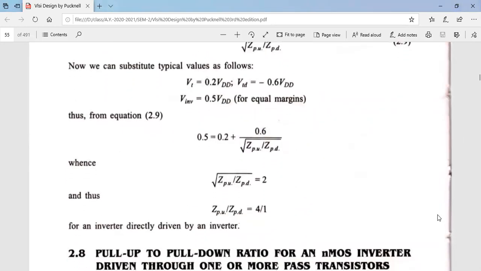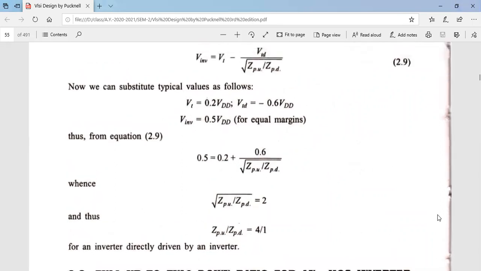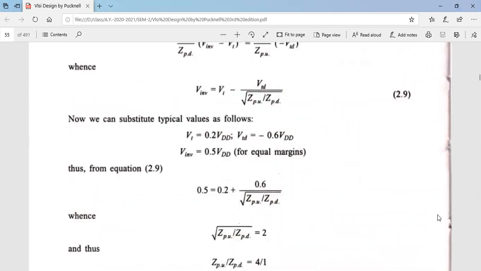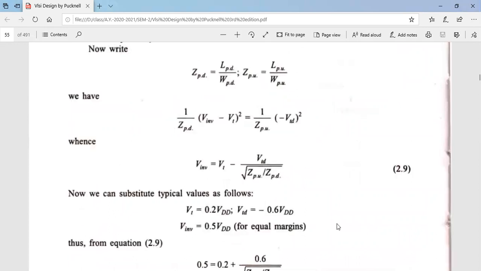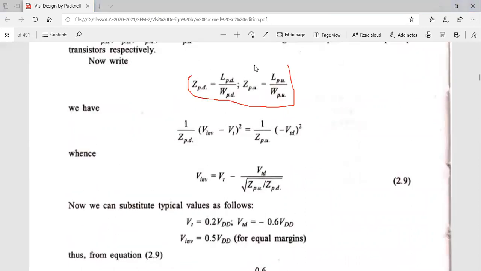Here you can understand what Z pull-up and Z pull-down are: Z pull-down is the length to width ratio of the pull-down transistor, and Z pull-up is the same ratio for the pull-up transistor.